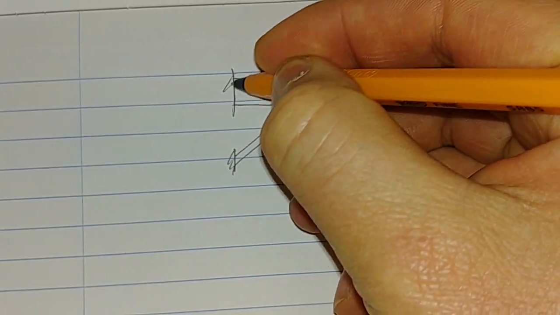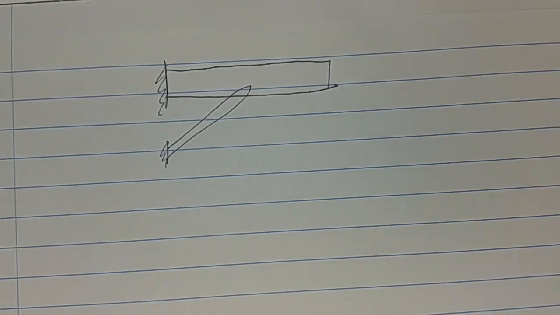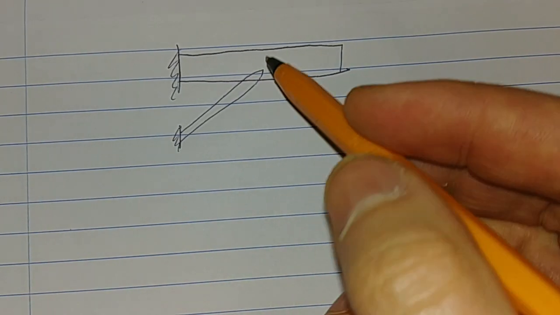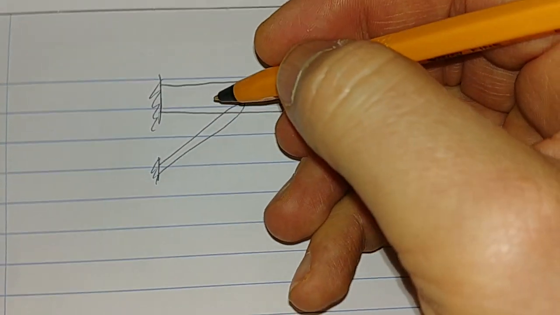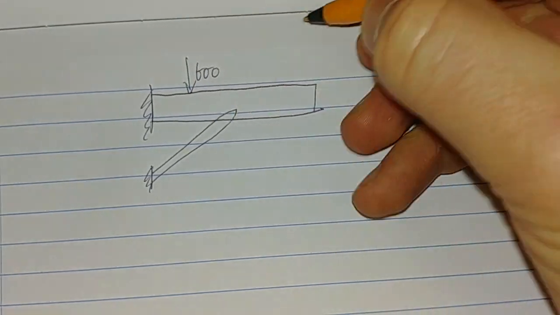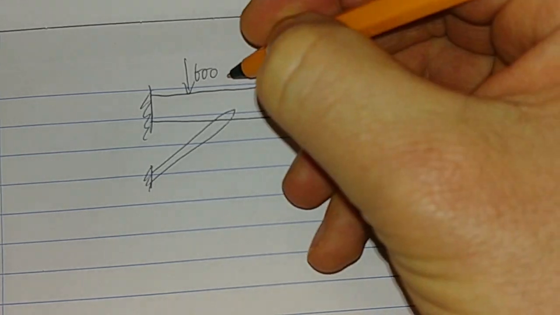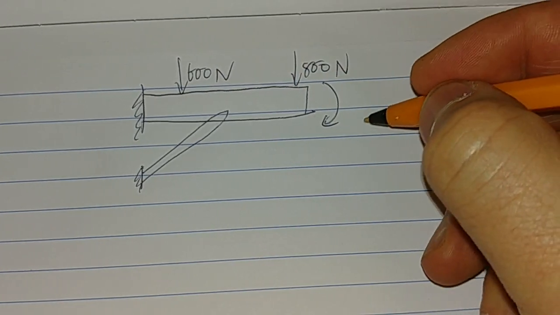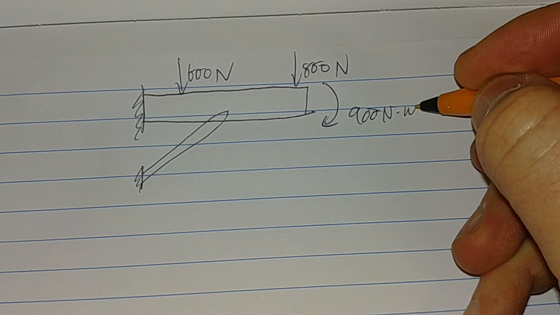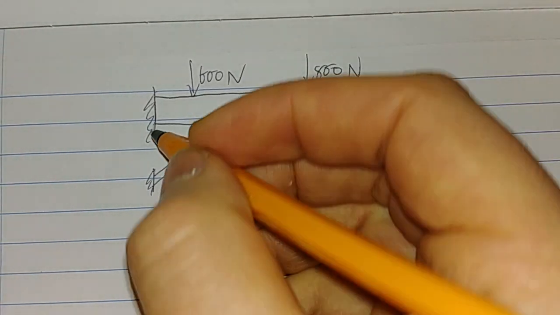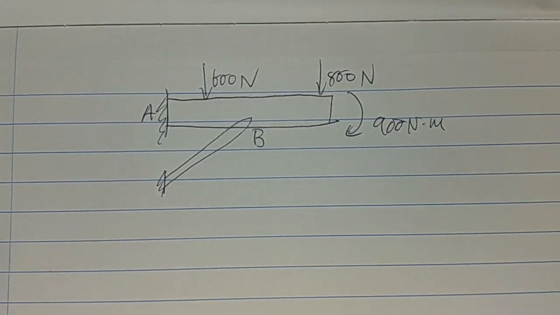Don't worry about being so pretty. So we've got this 600 here. We've got an 800 there. We've got a couple moment of 900 Newton meter. And this is point A, and this is point B.